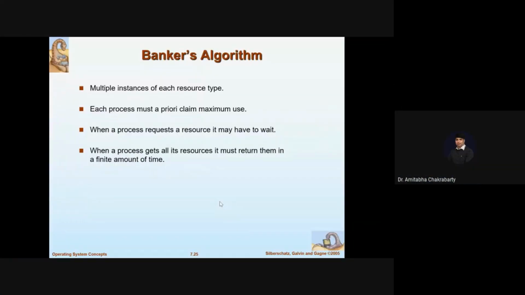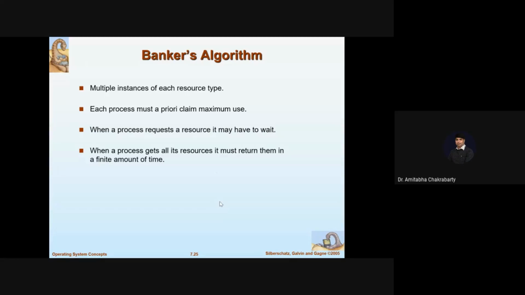So in Banker's algorithm, we'll have multiple instances of each resource, and each process must claim a maximum use in advance, which means all the processes in the system must declare the number of instances of each resource they may require to complete their execution.